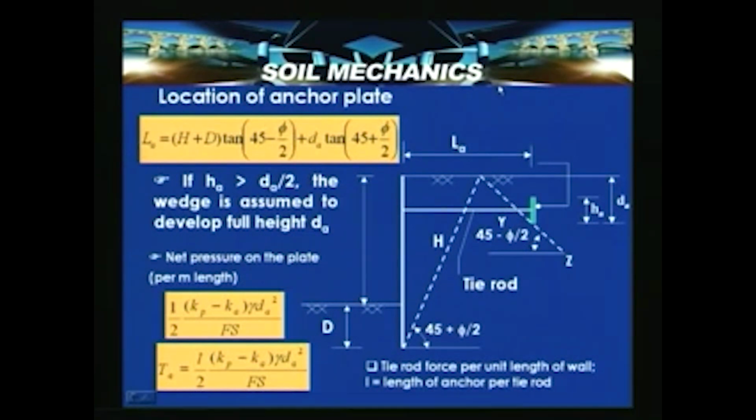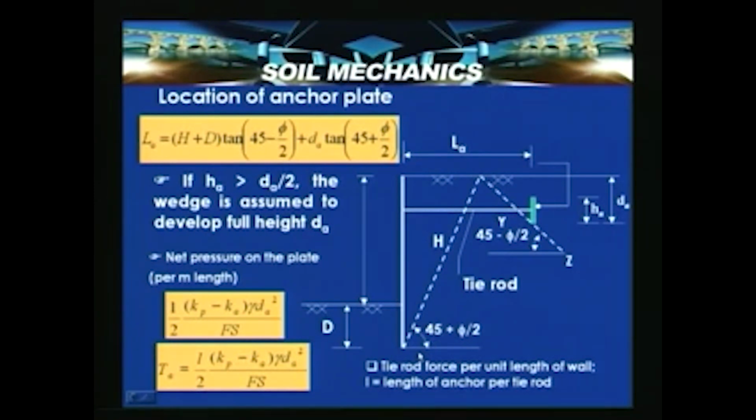So, one important thing as we discussed, the location of the anchor plate is very important. If this is the wall cross section and this is the anchor tie rod, and let us say this is a plate which is located having a depth HA, anchor plate, and DA is the depth of the tip of this anchor plate from the ground surface, LA is the length of the location of the anchor plate from the inner face of the wall.